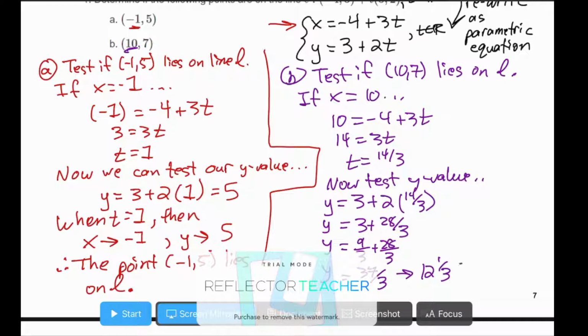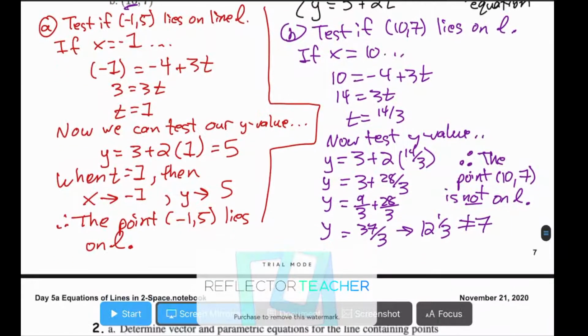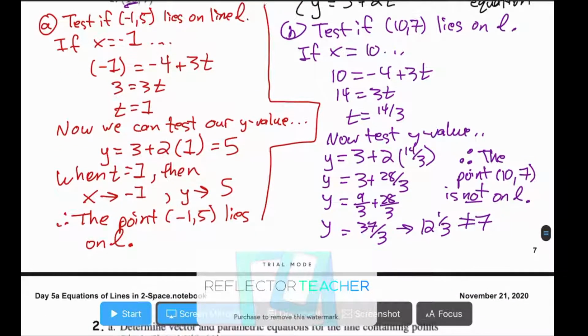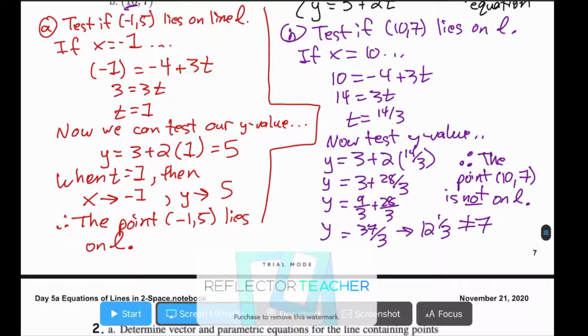So this does not equal 7, and therefore the point (10, 7) is not on the line L. And in future videos, we'll extend this and apply this to three-dimensional lines as well, so lines in R3, and also check if those points lie. We'll use a very similar test to see if a given point lies on the given line.